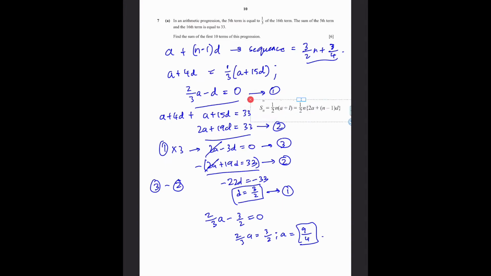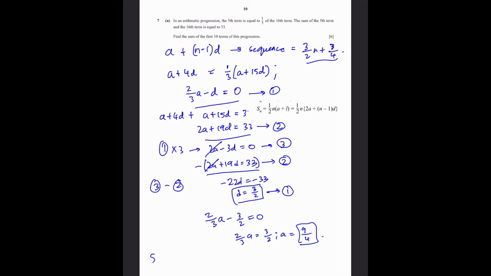Here we go. This is a formula which is given in the formula sheet at the front of the paper. The sum for any value of n, which is for any value from 1 to n, so that sum is going to be half times n times 2a plus n minus 1 d. And for s of 10, we can just do this using our values over here.